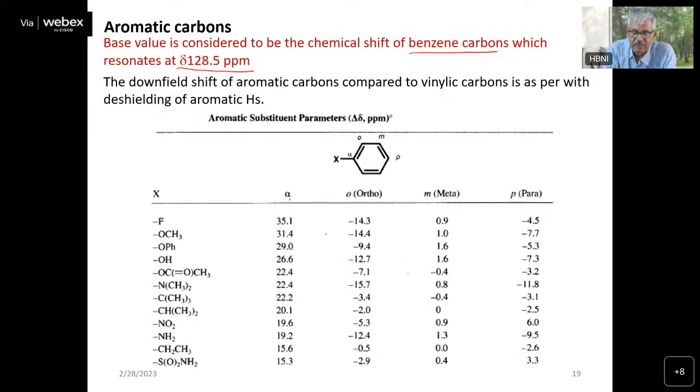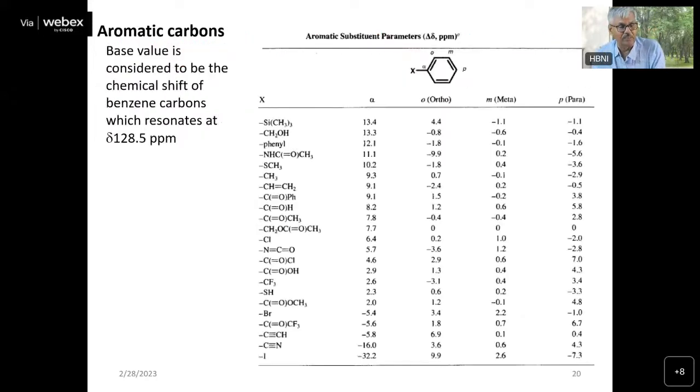If the substituent is alpha, it is attached to the same carbon whose chemical shift you are trying to find out. If you are trying to find the next carbon, then it becomes the ortho carbon. This is the meta carbon and this is the para carbon, and this is how the value changes. You can see there is a positive, negative, positive, negative. You will see this kind of change happening in many cases.